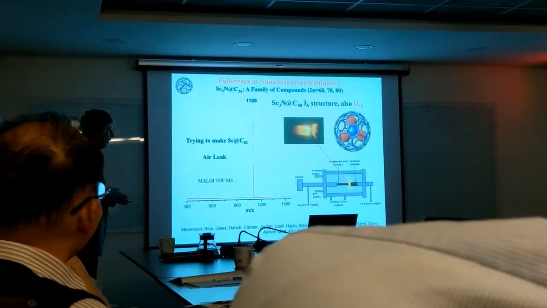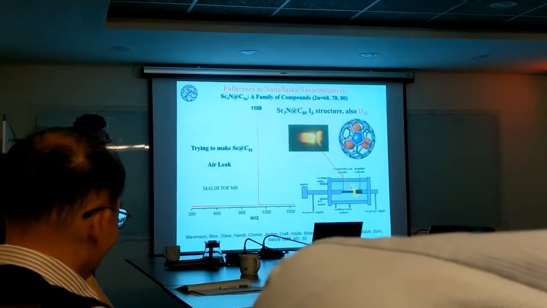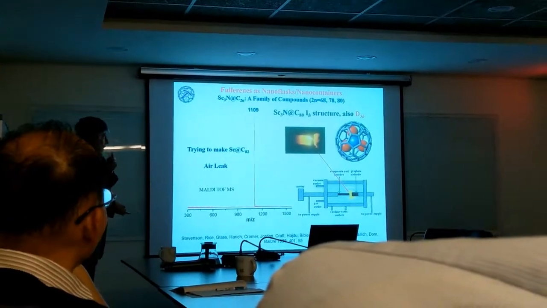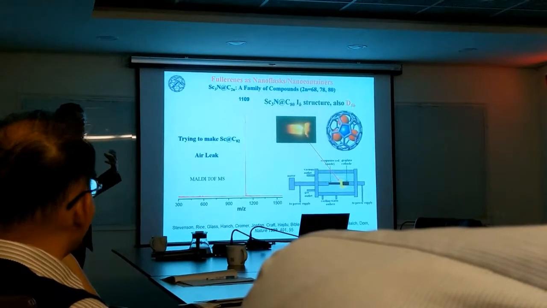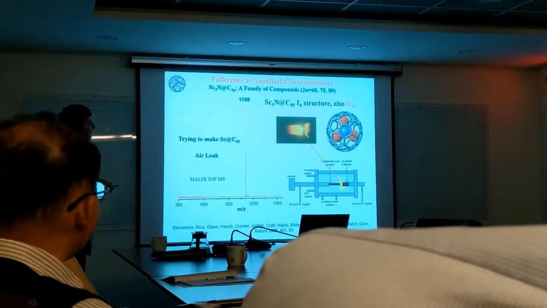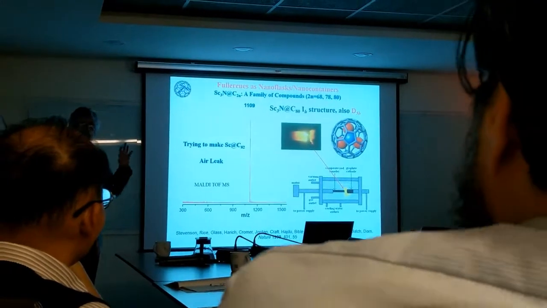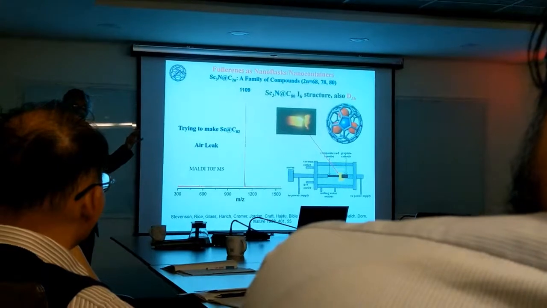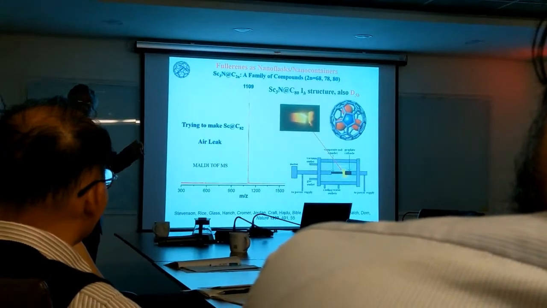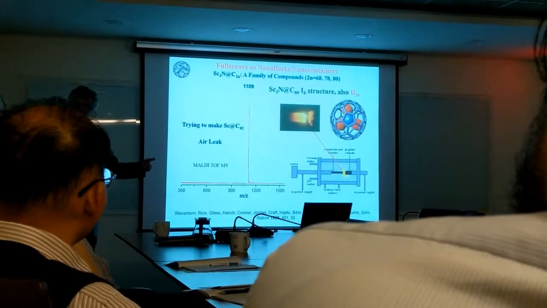Okay? So this paper in Nature in 1999 was published by Harry Dorn and his people. It's a very fundamentally important article in the world of endohedral fullerenes. And the reason is, they show, this is serendipity at its best. And serendipity means they were not looking for this. They stumbled upon this. This happened to them, right?